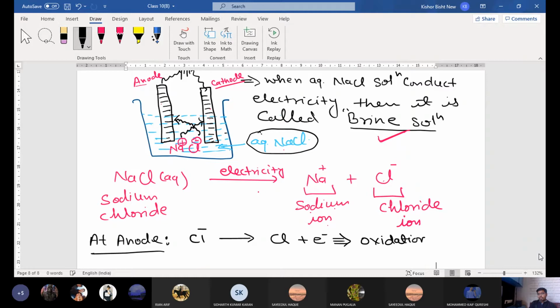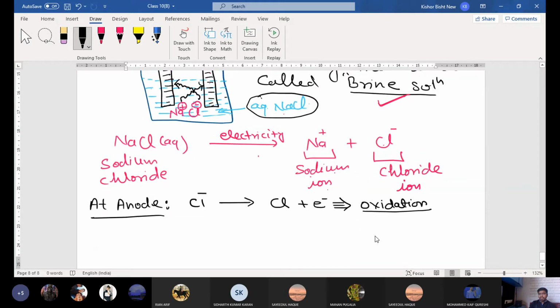We have seen this in the earlier example also: at the anode there is always oxidation, whenever it loses the electron. Again this Cl combines with Cl, because same type of atoms form a molecule, and then it forms Cl2 gas.